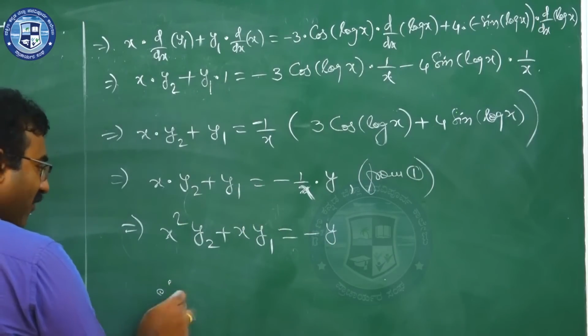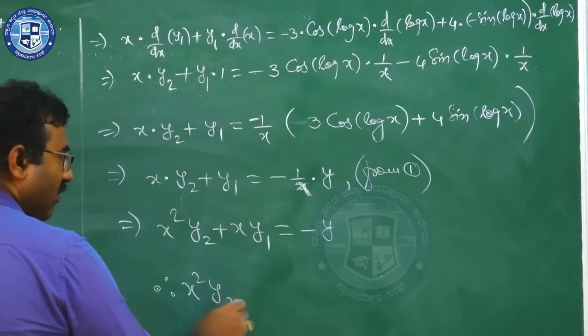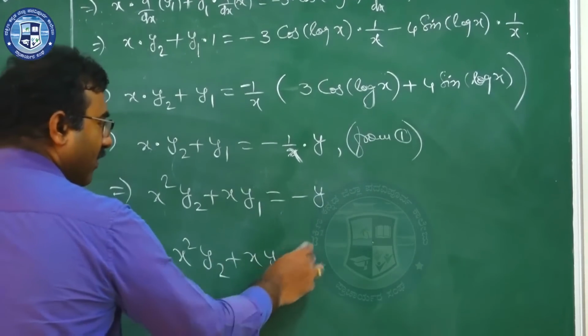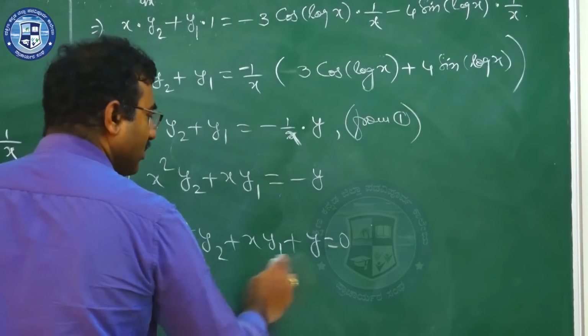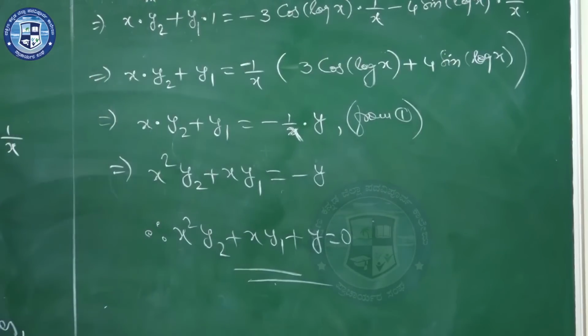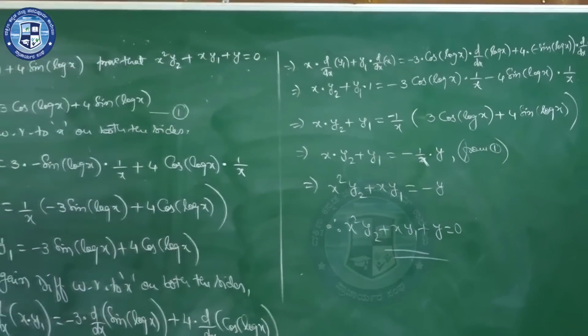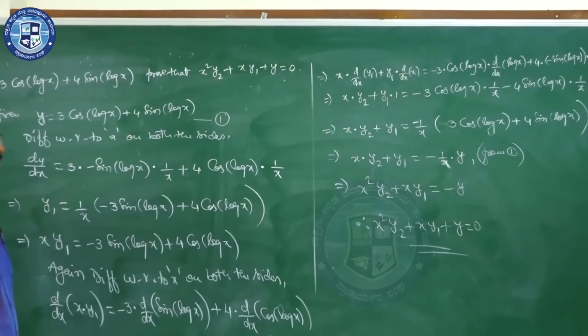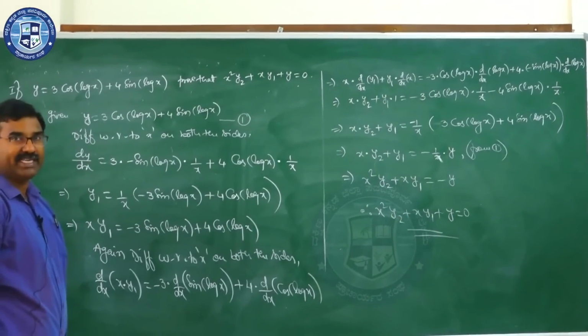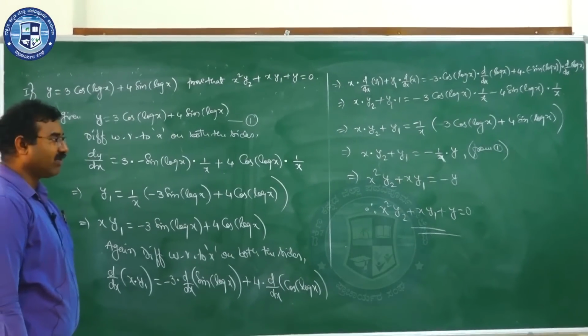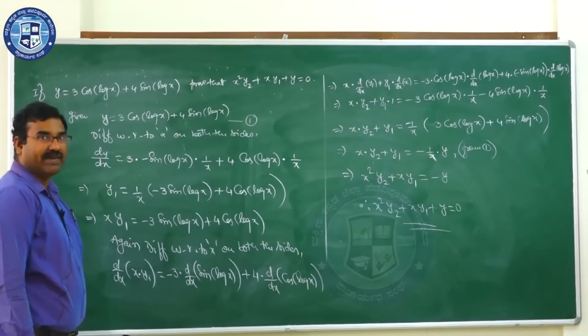So, therefore x square y2 plus xy1 plus y is equal to 0. This is what we need to prove, right. So y1 means dy by dx, y2 means d square y by dx square, right.